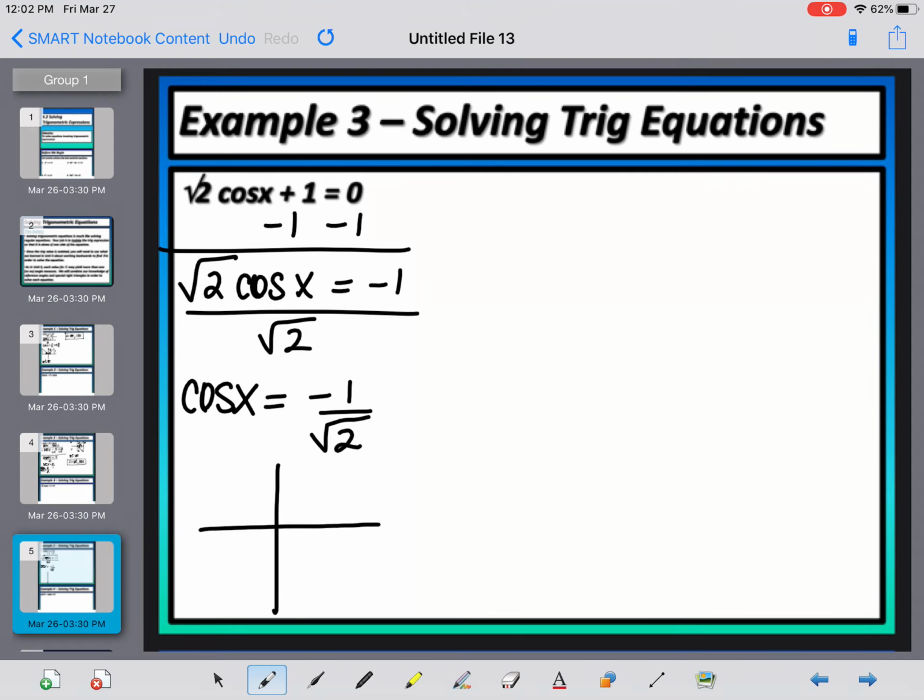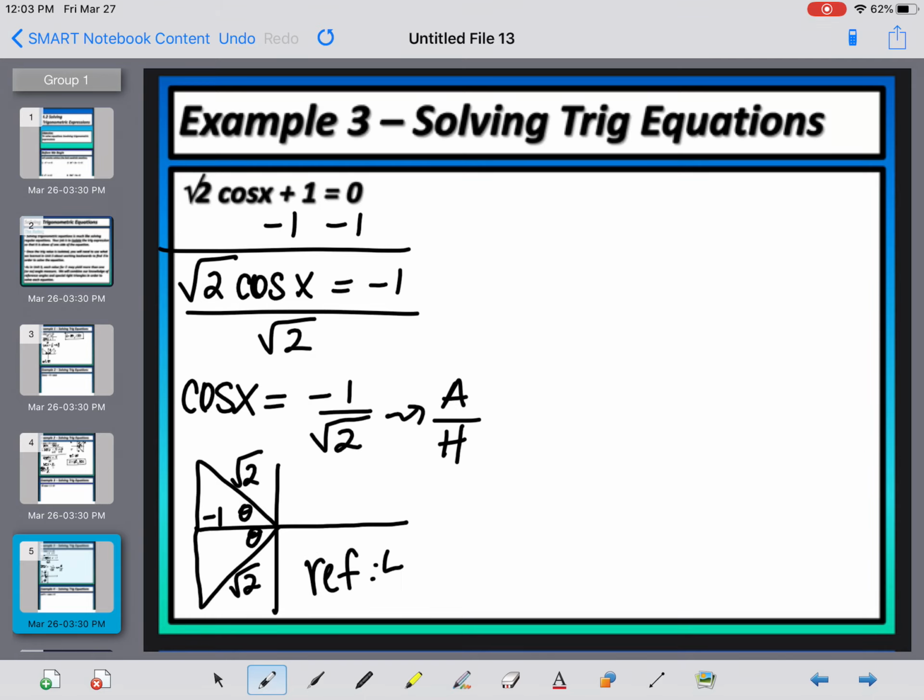So cosine is going to be negative in 2 and 3. Okay, cosine is adjacent over hypotenuse. So my hypotenuse is root 2, and my adjacent is negative 1. Okay, so this is going to be a 45, 45, 90.